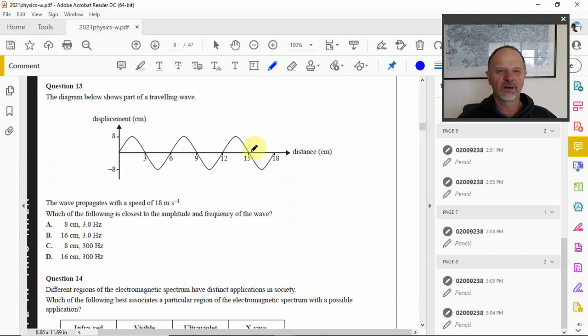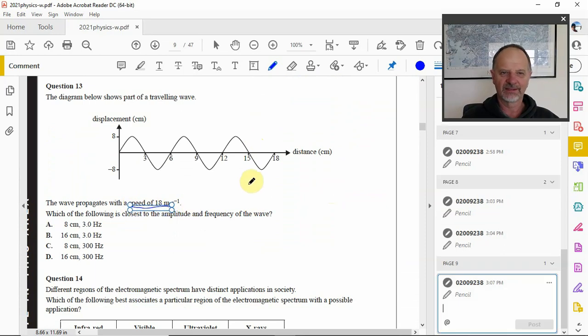And we'll get to it. Here it is. A diagram below shows part of a travelling wave. The wave propagates with a speed of 18. Which of the following is closest to the amplitude and frequency? Okay, so our amplitude is from our midline up and down, and we're looking like we're going up 8 or down 8.